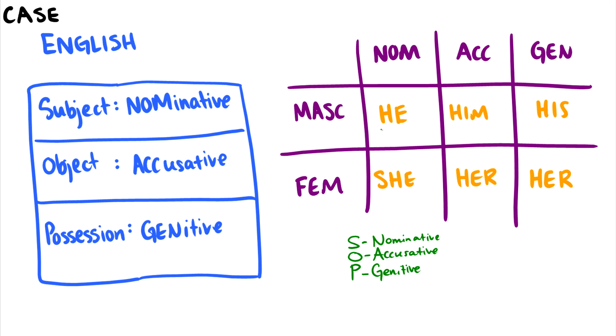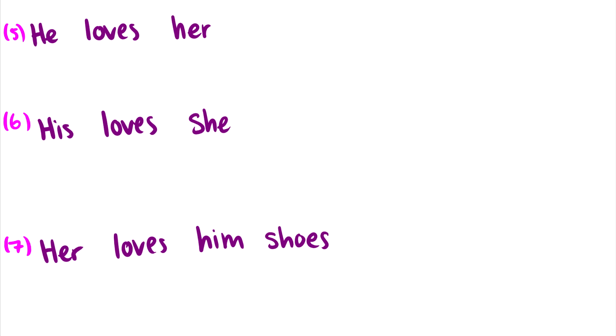Okay, we can't say her loves she or her loves he, because if we say her loves he, we're saying that the accusative is the subject, but that's not right. The nominative has to be a subject. And of course our possession, his, her, so his book, her book. Before a noun, when we talk about possession, we do have to use his or her, so these are the genitive.